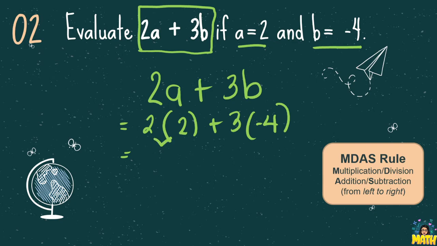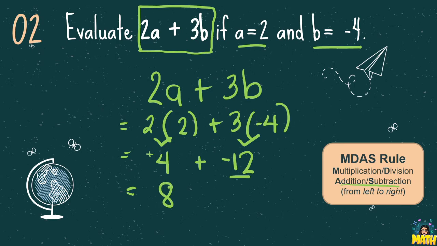So we need to perform first the multiplication operation. 2 times 2, that is 4, and 3 times negative 4, that is negative 12. And then we can now use addition operation. So 4 plus negative 12, we have different signed integers, and to add positive and negative, we simply subtract their absolute values. 12 minus 4, that's 8.